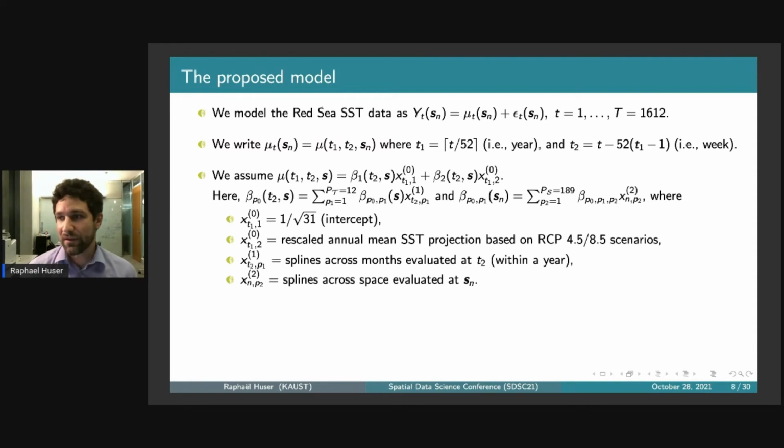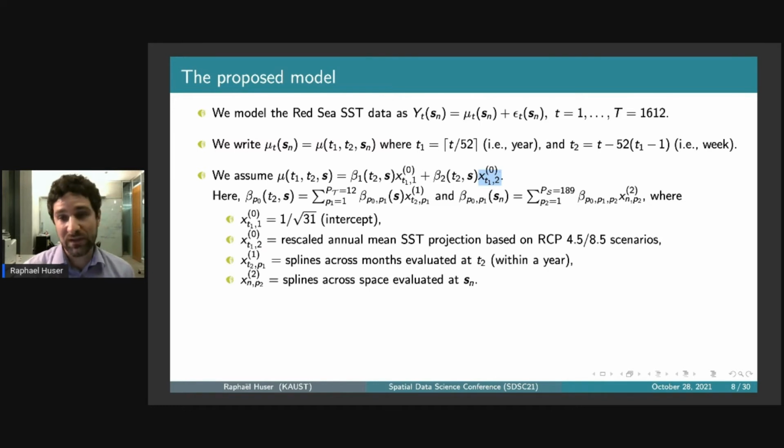So we assumed that this mean structure will actually depend linearly in terms of a covariate that is actually driven by a climate model. So X2 here, what we did was to actually take it to be the rescaled annual mean sea surface temperature projection for the Red Sea. So we have only one value for the whole Red Sea, but that's something that can be easily predicted for the end of the century.